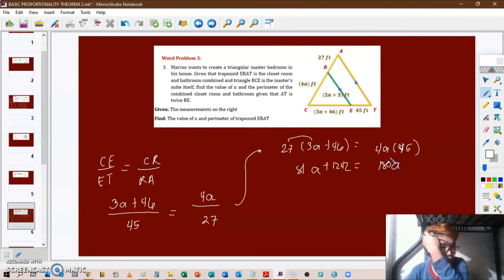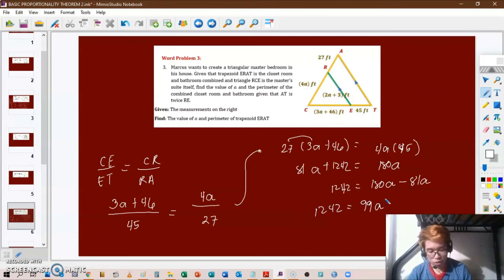Therefore, we have 1242 is equal to 180A minus 81A. 180 minus 81 will give you 99, so 1242 is equal to 99A.